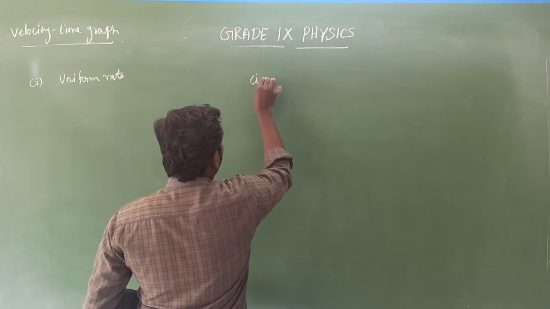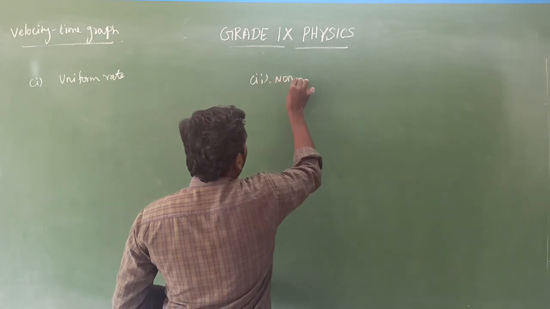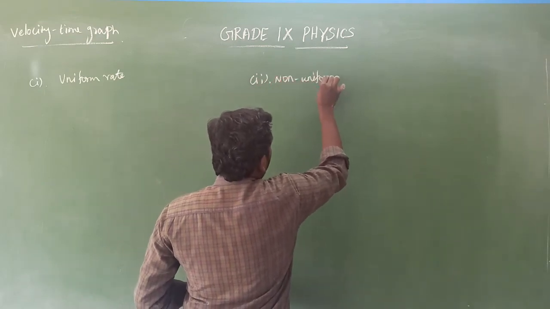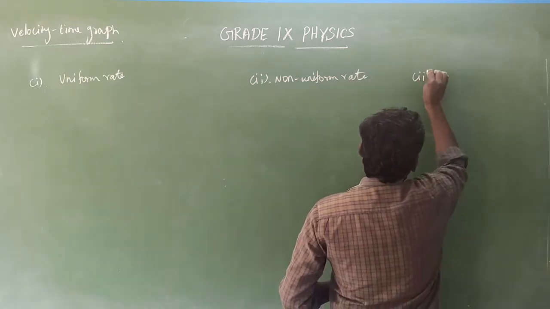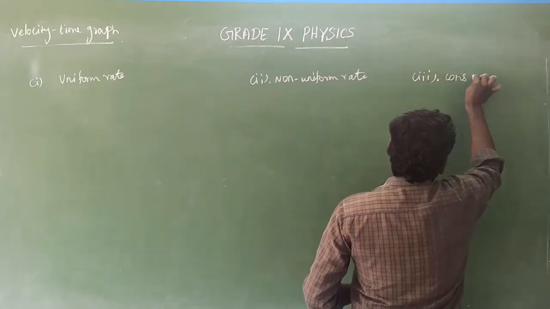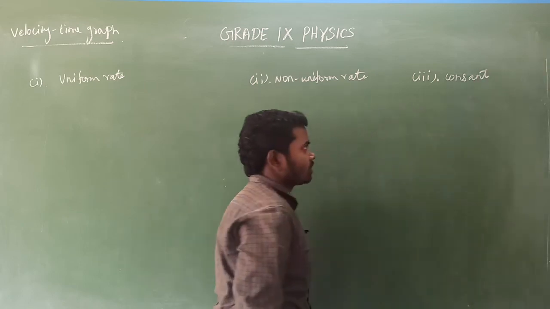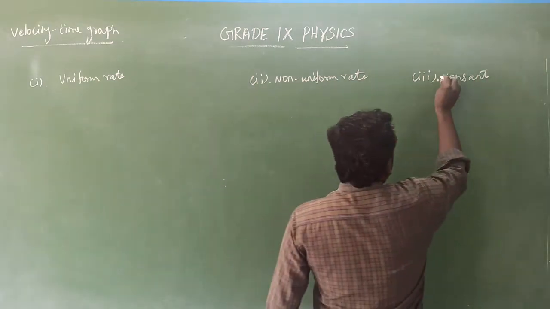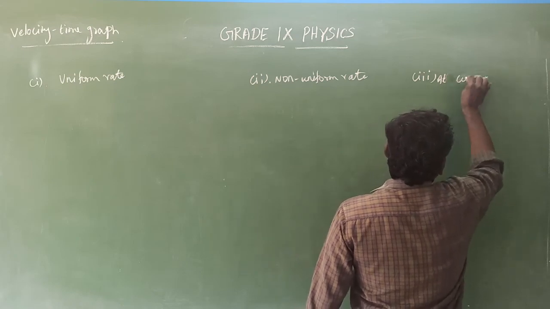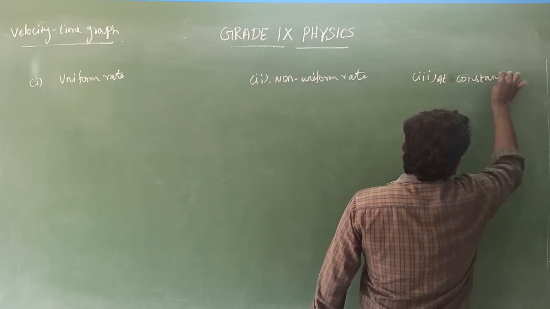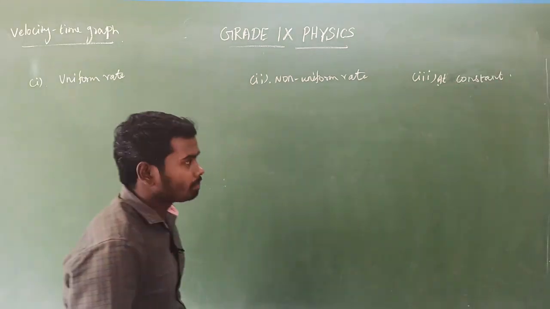And the second one, what is that? Non-uniform rate. And the third one, what is that? At constant. Isn't it? Yes, very simple.